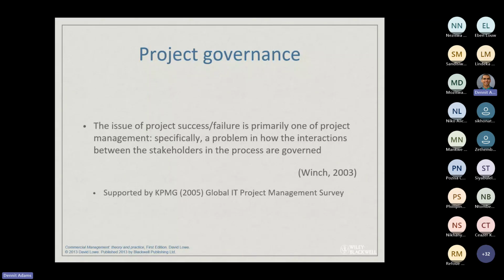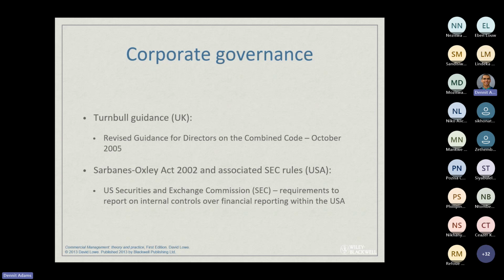And this was supported by a KPMG study in 2005, which is a global IT project management survey. And here's where the Turnbull guidance document comes in. This is kind of a code of practice or guidance for directors on how to perform corporate governance well.